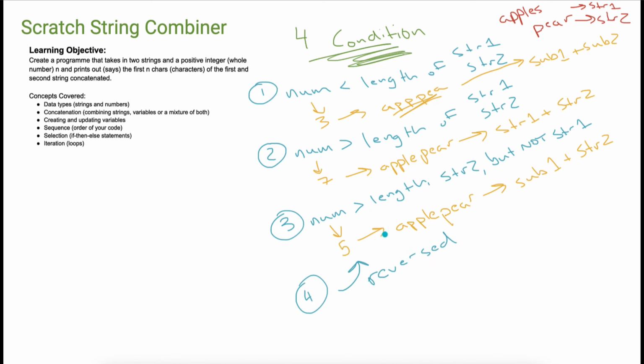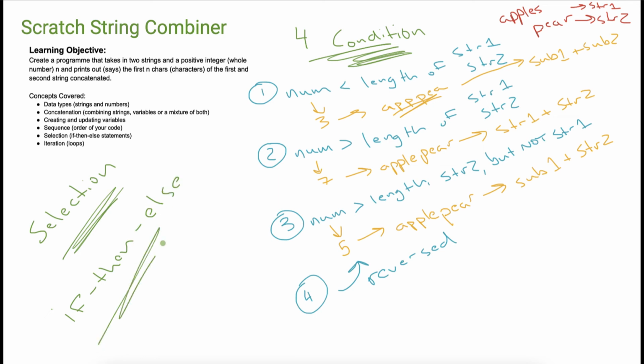So what we need to do in our code is use what's called selection. If you remember, those are our if then else statements. We need to use if then else statements to make these conditions happen. And actually, you know what? I totally forgot. There's one final one.